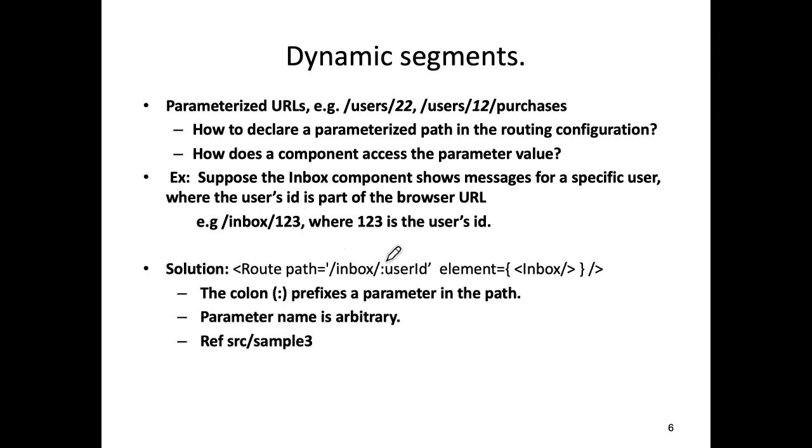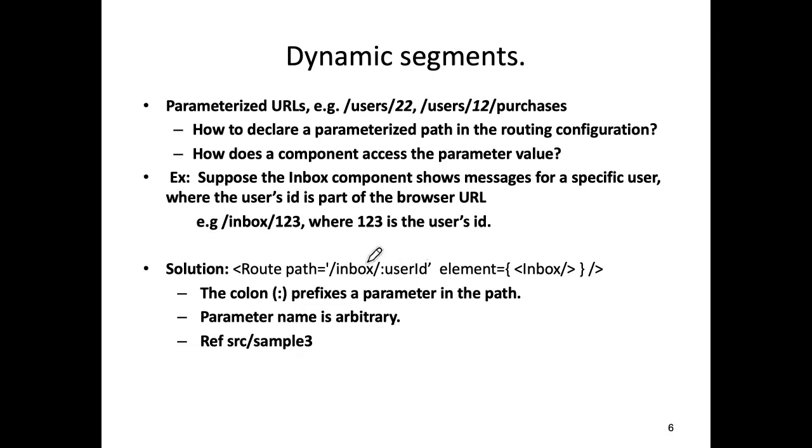The answer is to use a fairly common approach. You'll see this across a number of frameworks: wherever the colon appears in the path of a route entry, that tells React Router that this is a variable or a parameter within the overall URL address.